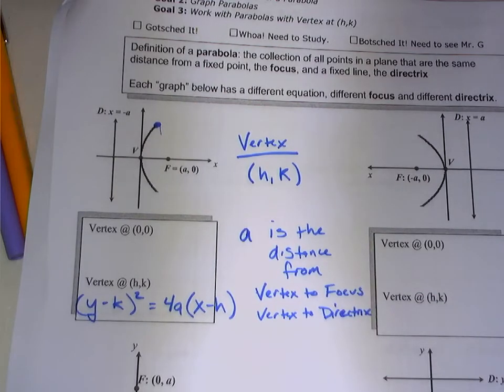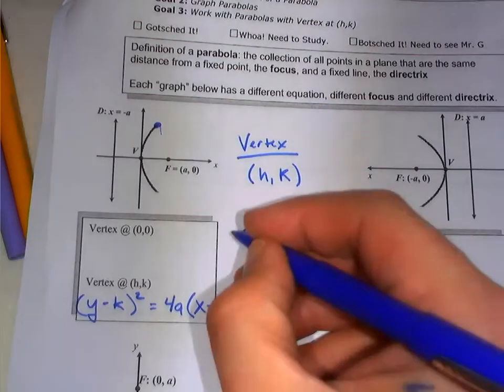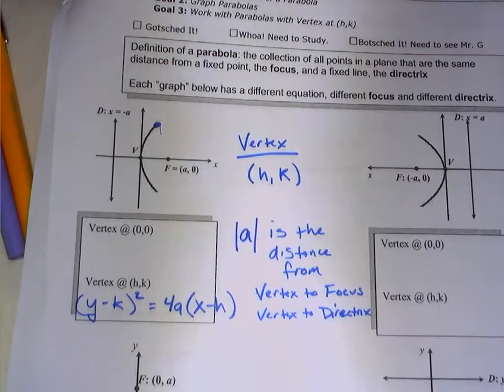So again, a is a distance from the vertex to your focus and vertex to your directrix. Because it's a distance, I always say a is going to be positive. So if you ever get an a value that's negative, just know that technically it's a positive value.